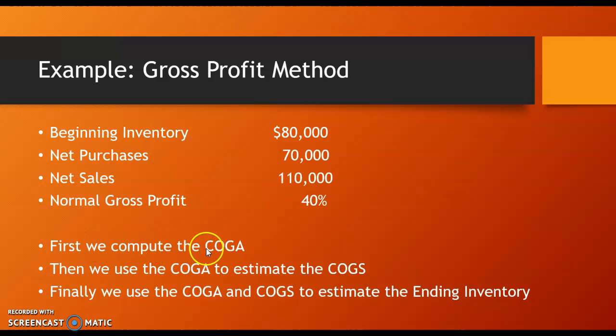The first step is to compute the cost of goods available. And remember, that is the beginning inventory plus the net purchases. Then we're going to use the cost of goods available to estimate the cost of goods sold. Finally, we'll use the cost of goods available and our estimated cost of goods sold to figure out an estimated ending inventory.